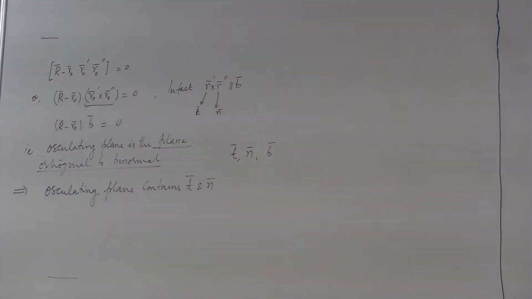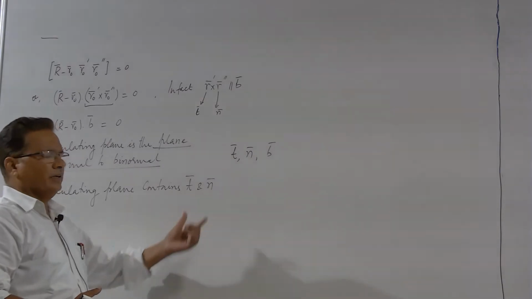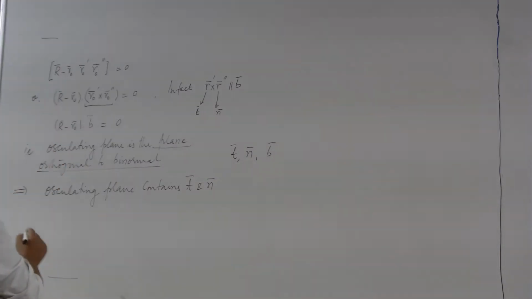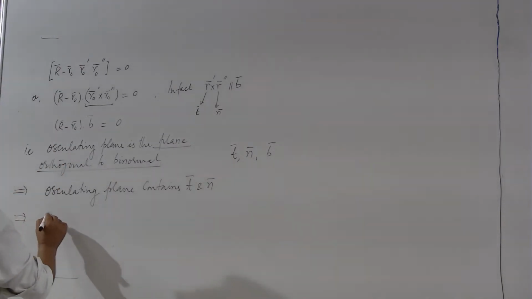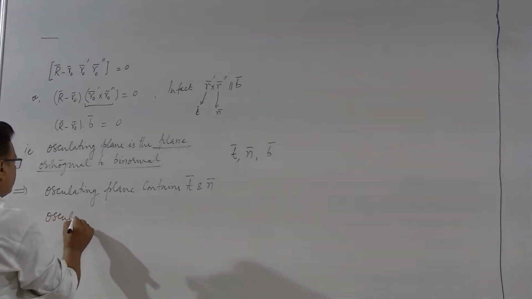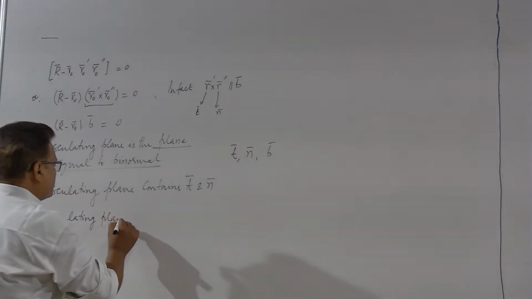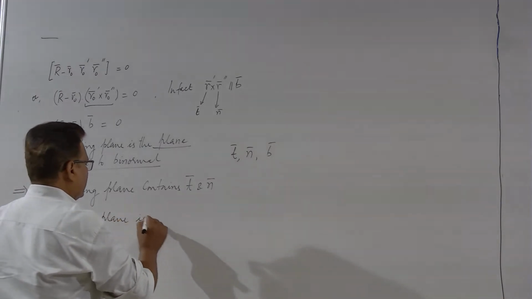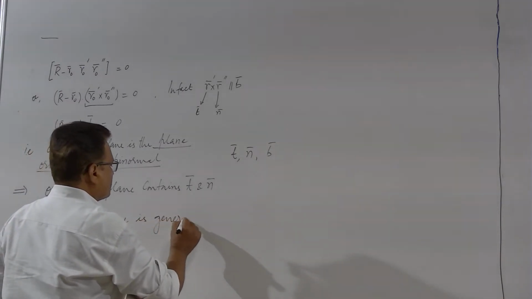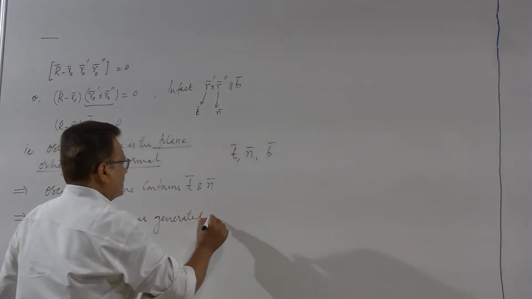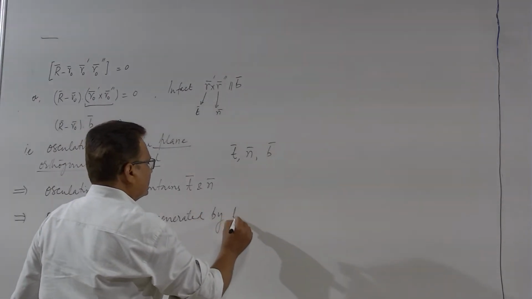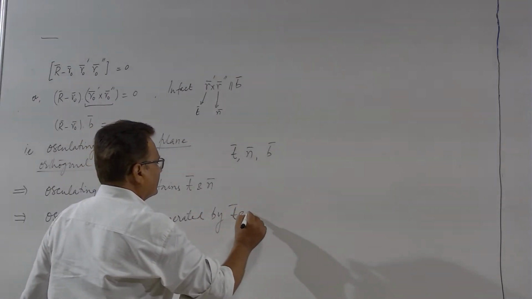And these two vectors, being orthogonal, are linearly independent, and therefore, I can think that oscillating plane is generated by t and n.